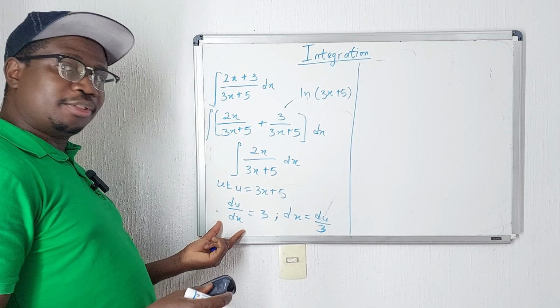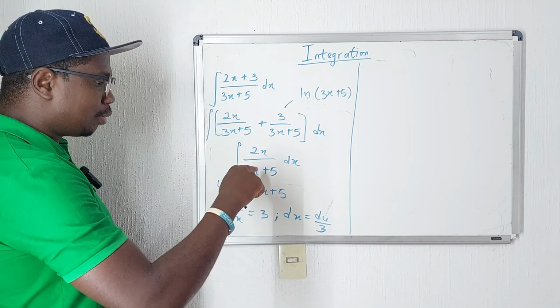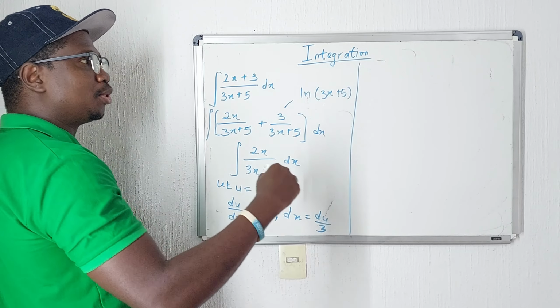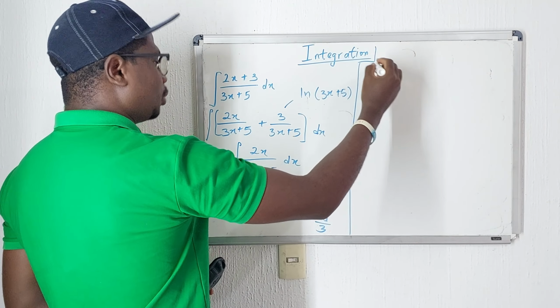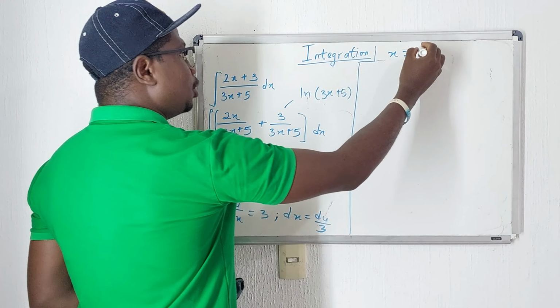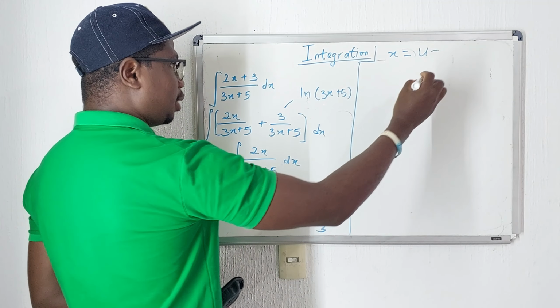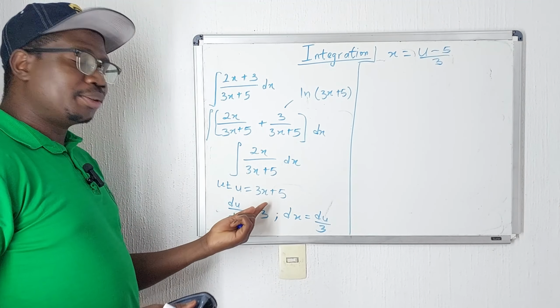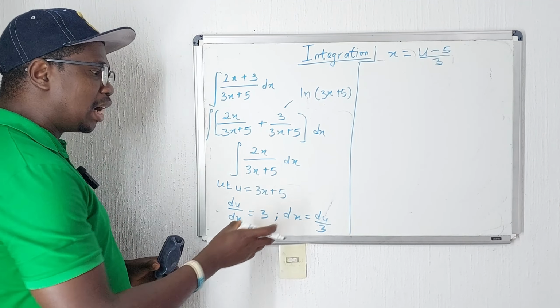Now I have to make x the subject of the formula because I have x here, and I don't want to have x in my substitution. So I have that x is u minus 5 over 3, if I make x the subject of the formula from here. Now I have all the things I need.